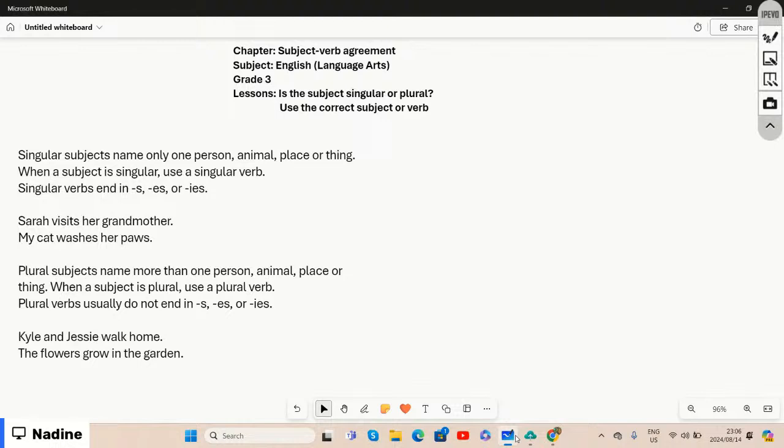And when we say the subject needs to agree with the verb, we have singular subjects and we have plural subjects. Singular subjects tell us that there is basically only one person, animal, place, or thing that we're making mention of.